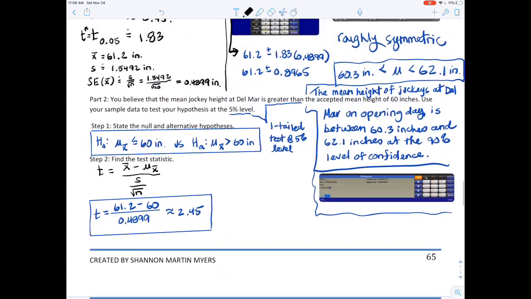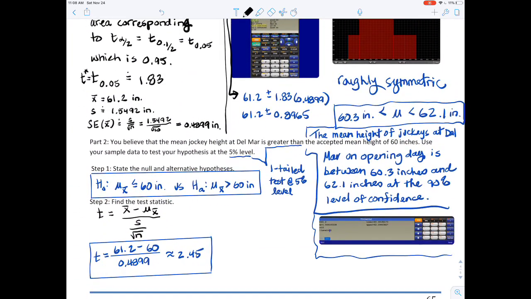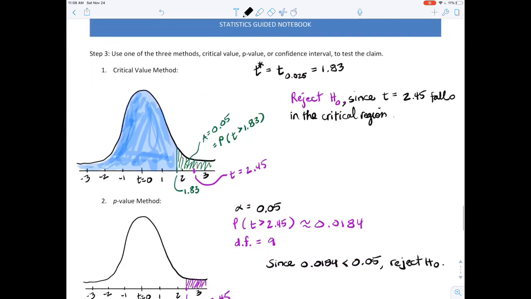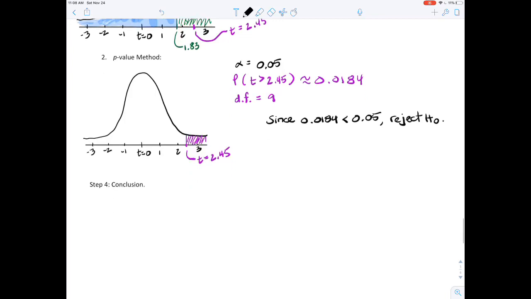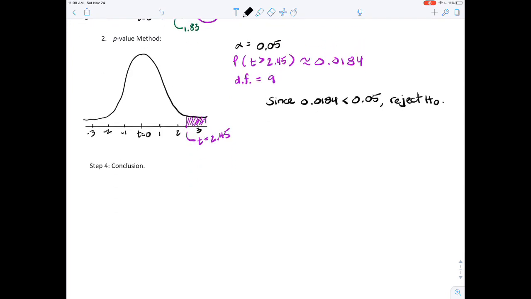So what's our conclusion? Let's go back and look at our likely values we found. You see our likely values fell between 60.3 and 62.1 inches. And do you see how 60 inches is not part of that interval of likely values? So that would be the reasoning for your confidence interval, right? So let's just take a look overall.